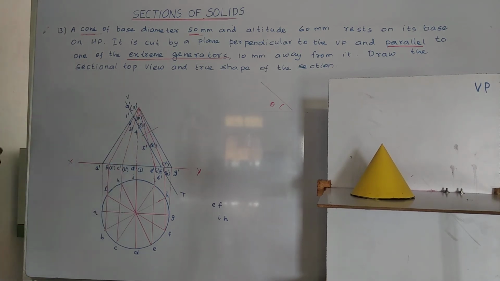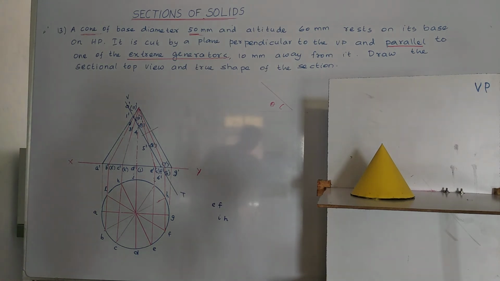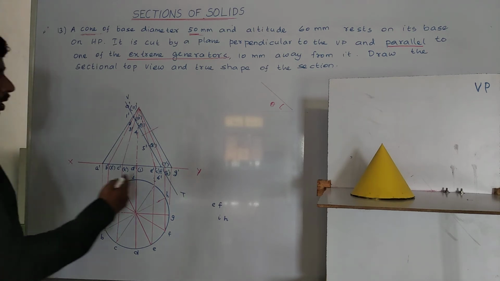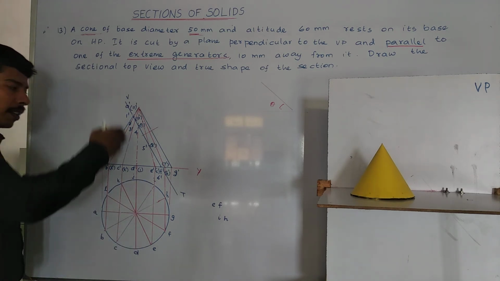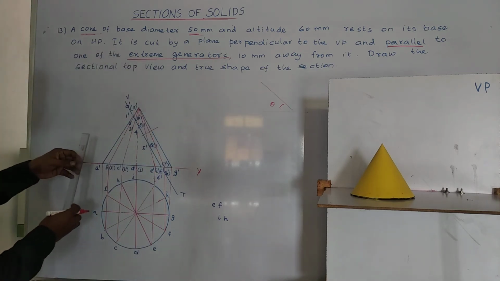Totally we have 11 section points. Okay. Then what we have to do is project all in the top view. Project all the section points in the top view.